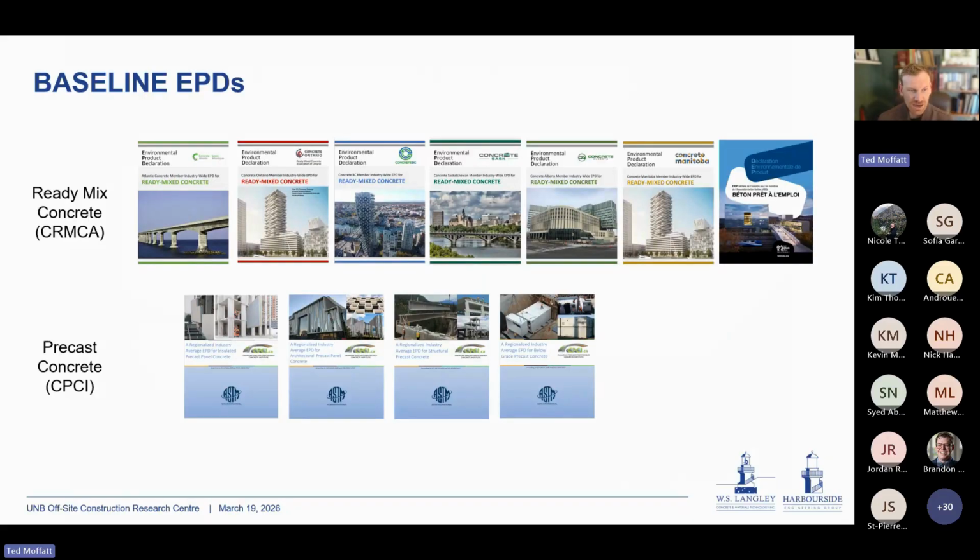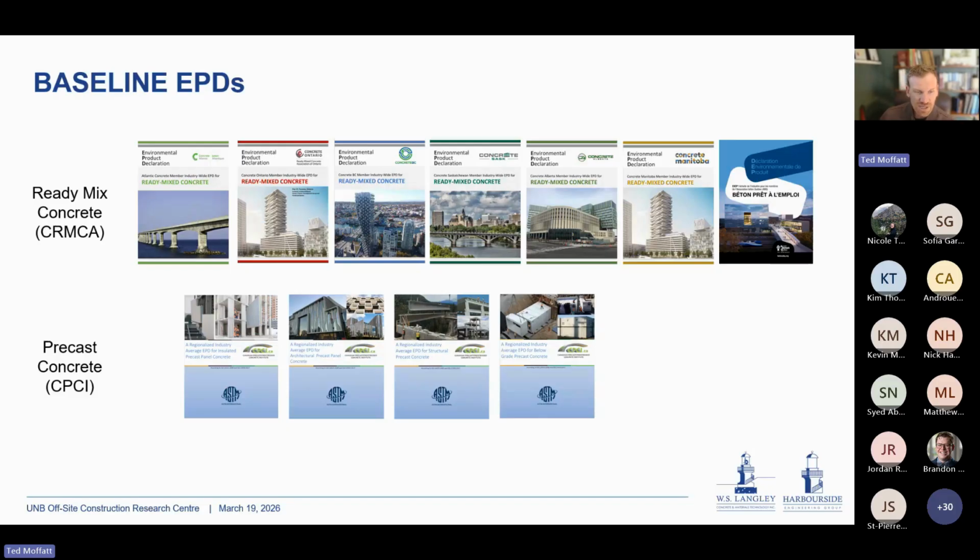Now, the documents are slightly different in the precast space, and I'm not an expert in the precast space, but within the precast space, there are 4 documents based on the precast elements that are manufactured. These are all available on the CPCI website. The first one is for precast panels, architectural panels, structural elements like girders, and then below grade precast elements.